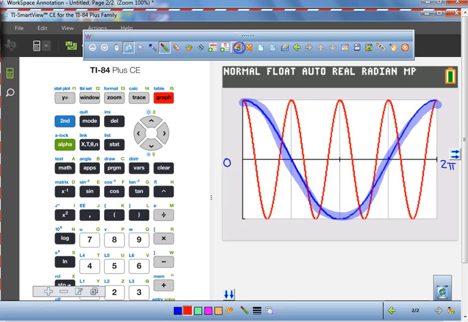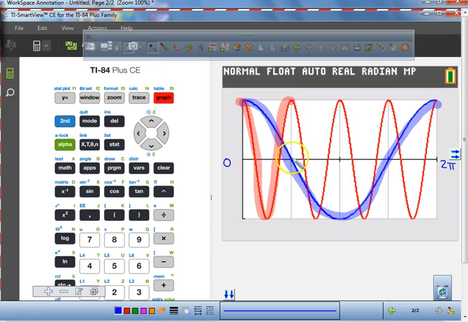But what I'm trying to help you understand is, look, what's our new period right here? From here to here, that distance is just pi over 2. Before, it was from 0 to 2 pi. It was the cosine of x, right?